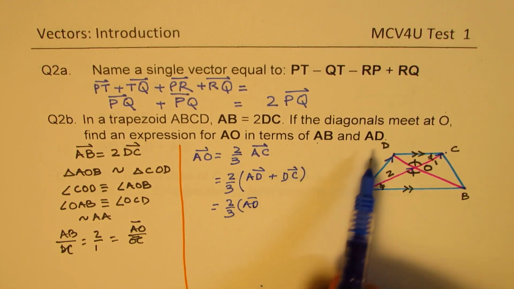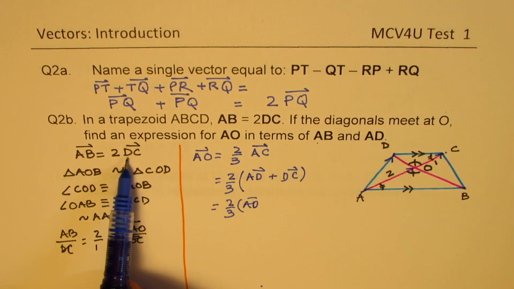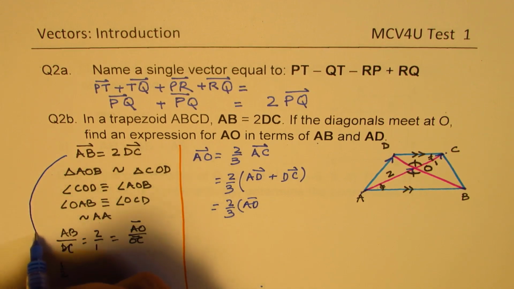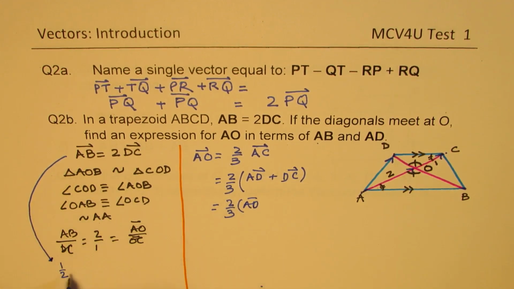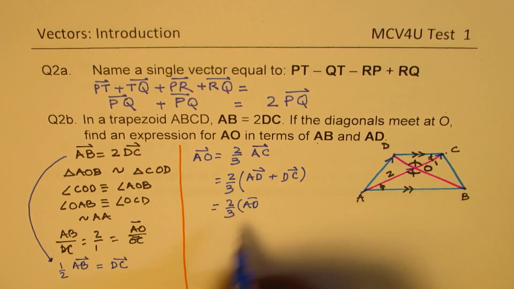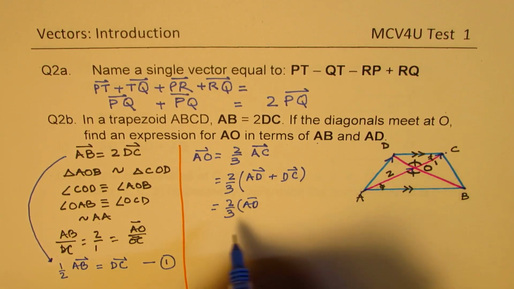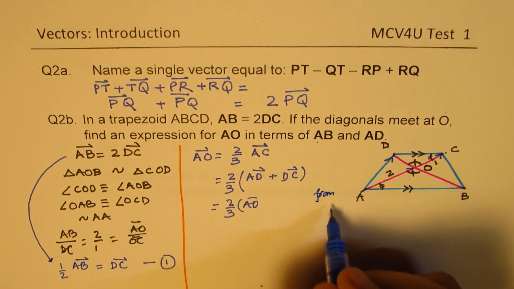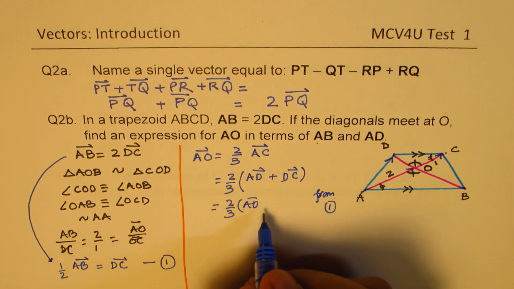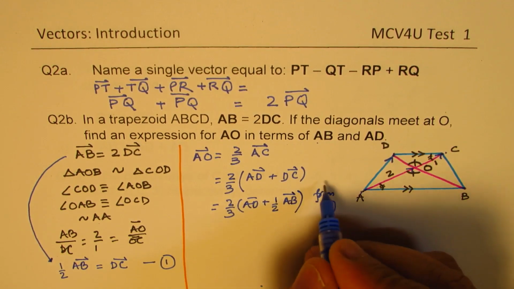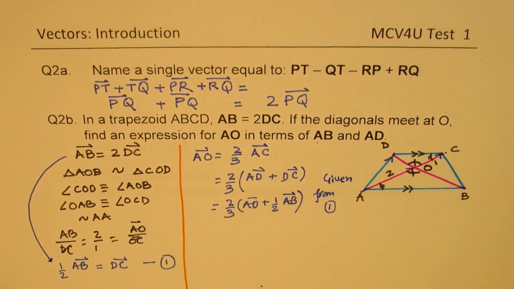Now we have to replace DC with AB. So DC is half of AB, right? So half of AB is DC, right? Substituting this here, let's call this equation 1. DC is half of AB. That is given. Correct?